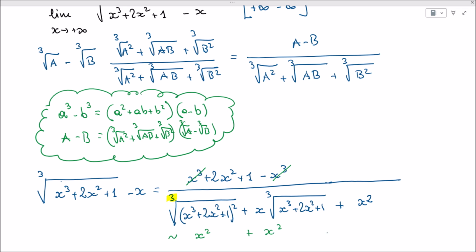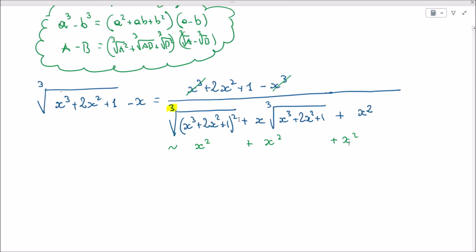So we can easily conclude now that the limit of this function is basically 2x squared plus 1 divided by 3x squared.